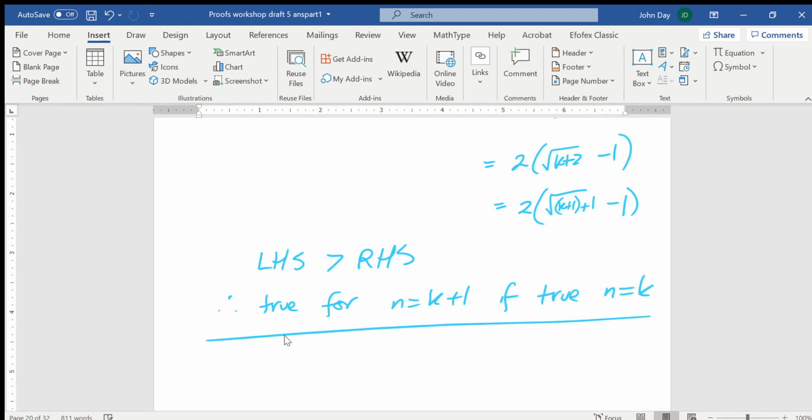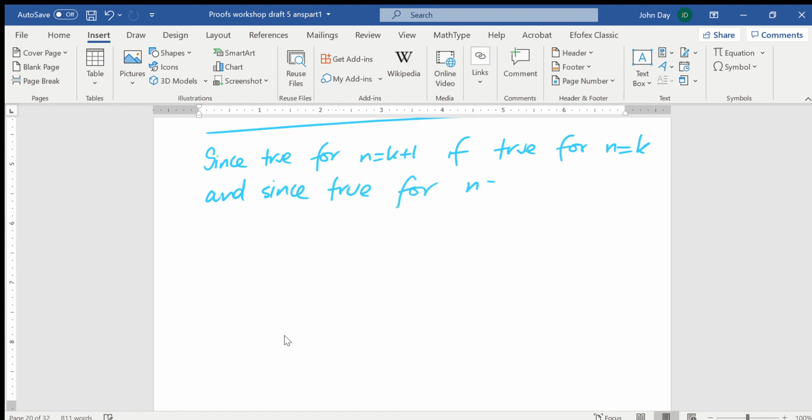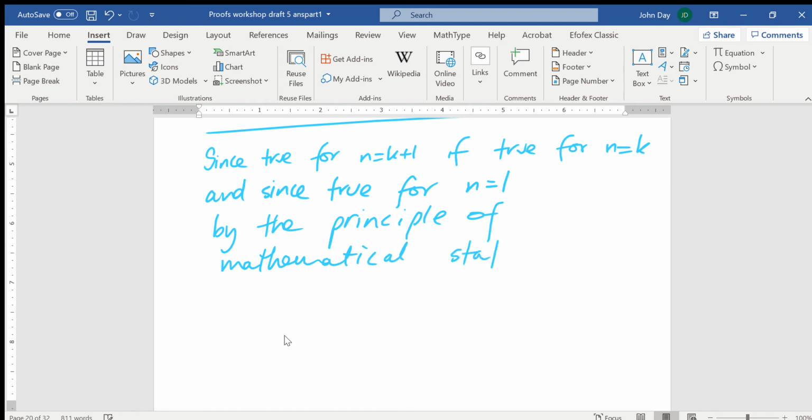Now I need to then conclude properly, right? So, since true for n equals k plus 1 if true for n equals k, and since true for the base case of n equals 1, then it's true for 2, 3, 4, 5, 6, by the principle of mathematical induction, the statement is true for n bigger than or equal to 1.